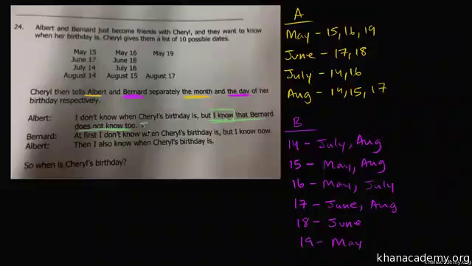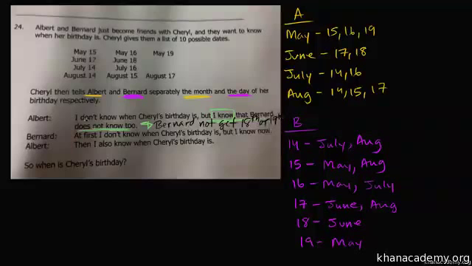So another way to translate this statement is Bernard did not get an 18th or 19th.